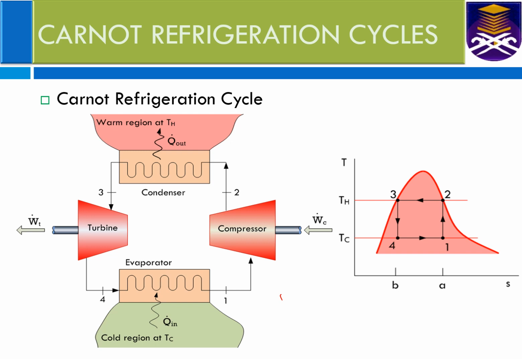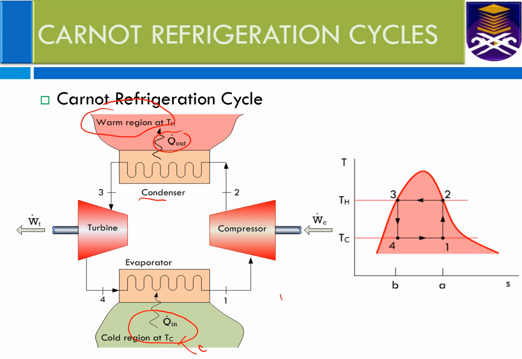The heat is absorbed from the cool region at temperature TC through the evaporator. So the process is heat absorption from the refrigerated space, and then heat is rejected from the refrigeration cycle to the warm region at temperature TH through the condenser.